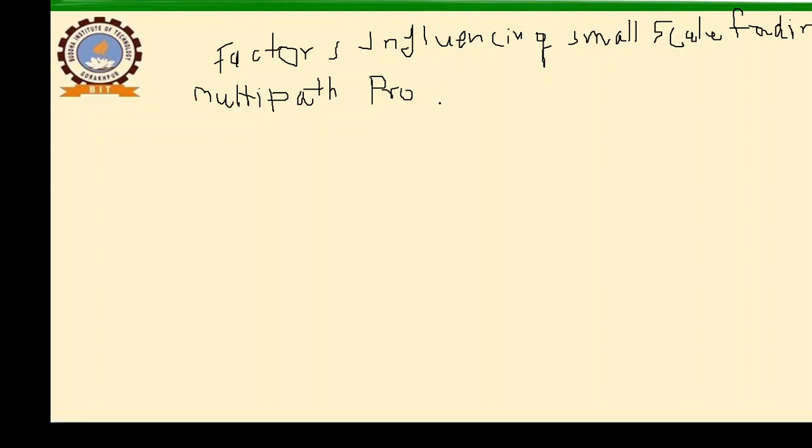So these multipath propagations have an effect, and they are seen in the other parameters.